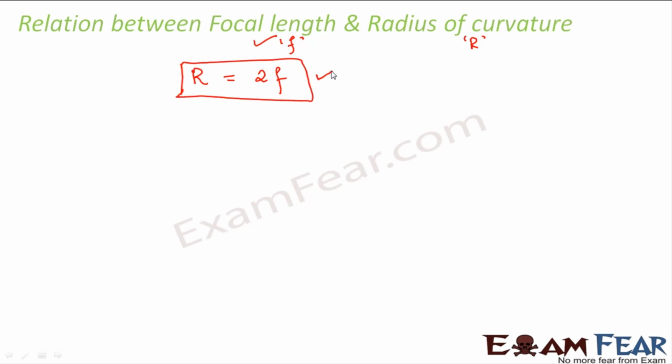This relationship is true for both concave mirror as well as convex mirrors. So when we consider a concave mirror, this is my pole, this is my principal focus, and this is my center of curvature. So what is R? R is this distance, that is the radius of the sphere. And what is my focal length? That is this distance, f. So it says that R is equal to twice the focal length.